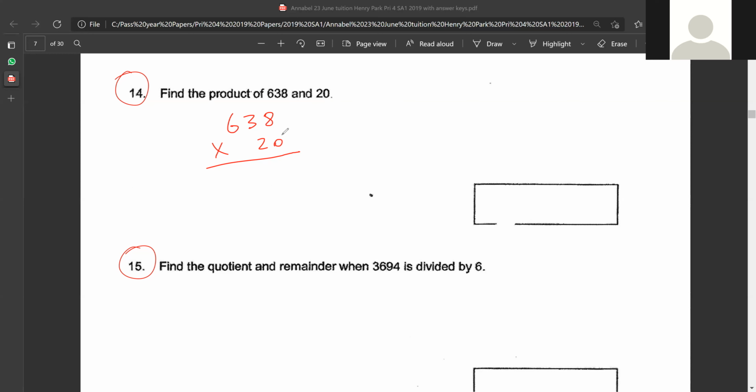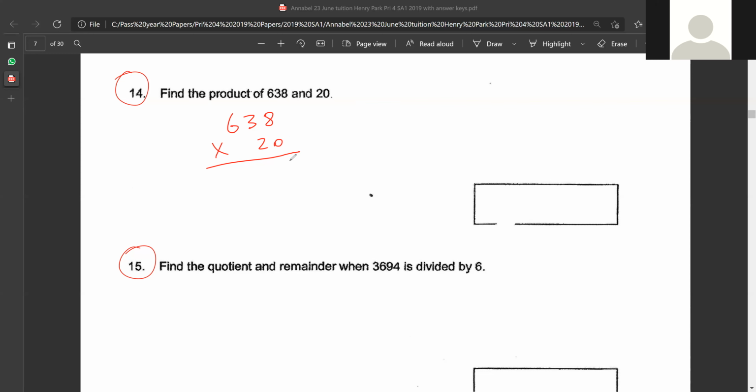You do it together, no? What must I write here? Which one should you multiply first? 8 and 0.